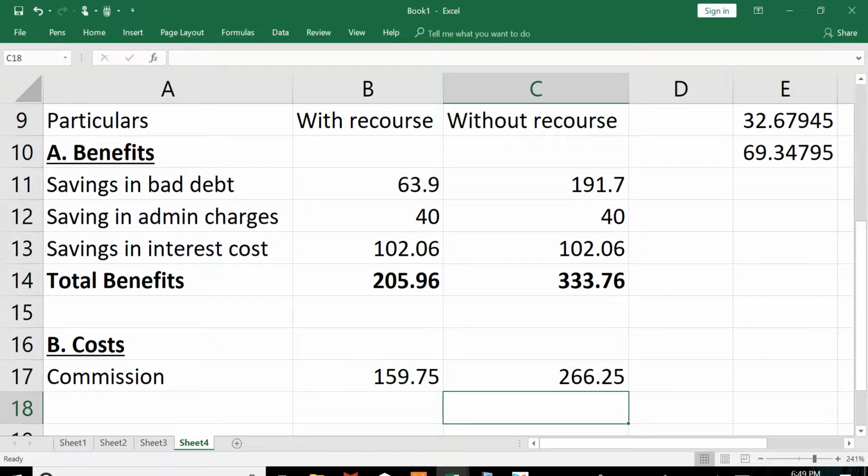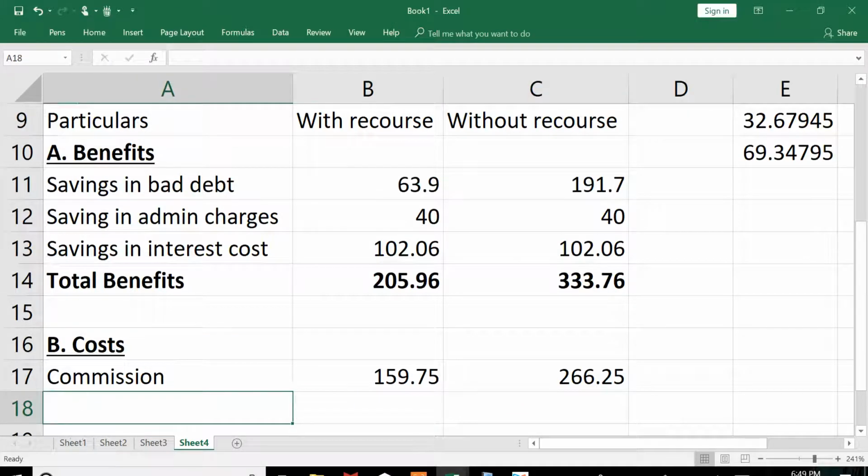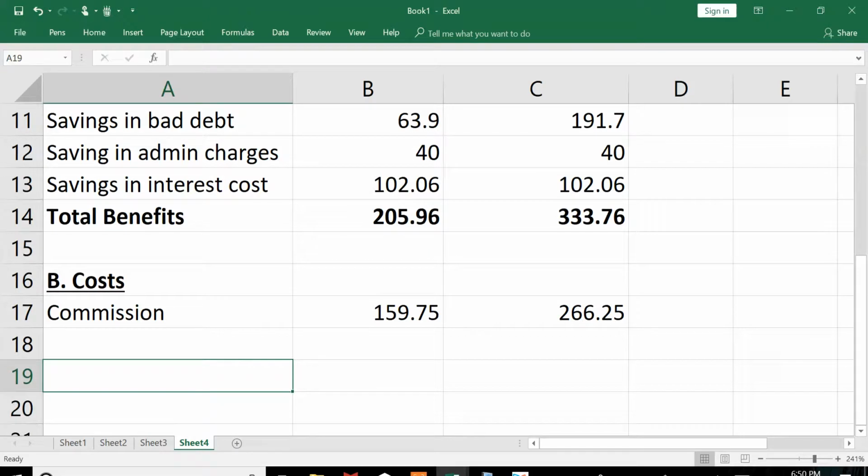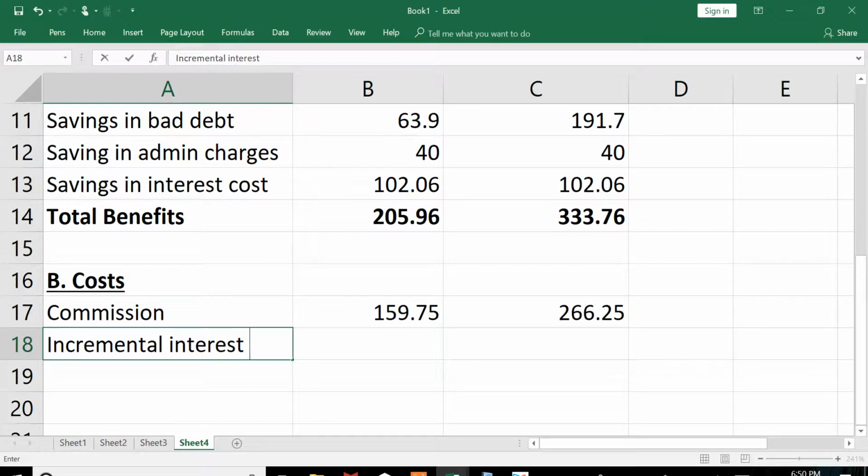Normally, ideally it would end here, but in this case he is saying this guy is going to charge me some extra interest for the amount which he is lending. On the amount which the factor is lending, you have to pay extra interest. Any doubts till now? Then incremental interest, in bracket, new receivables into 80%. Why 80? He is giving this much money only, into 2%.